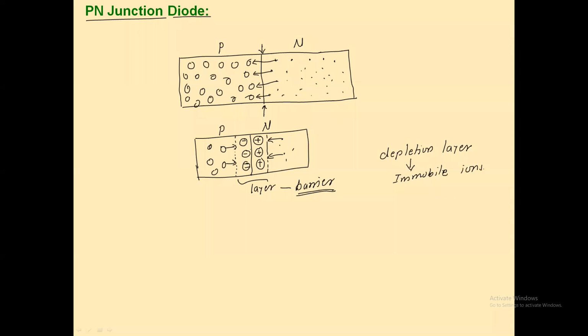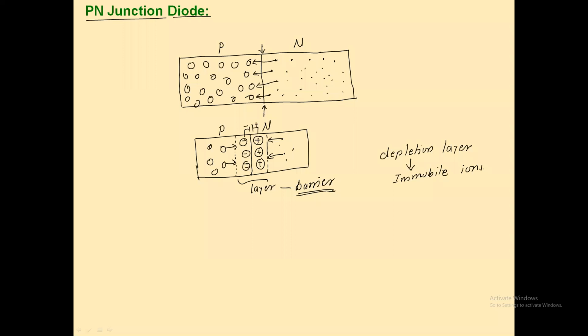And if you observe this block diagram, in the N region, a positive ion layer is formed, and in the P region, the negative ion layer is formed. So this layer has a certain potential, a certain voltage.